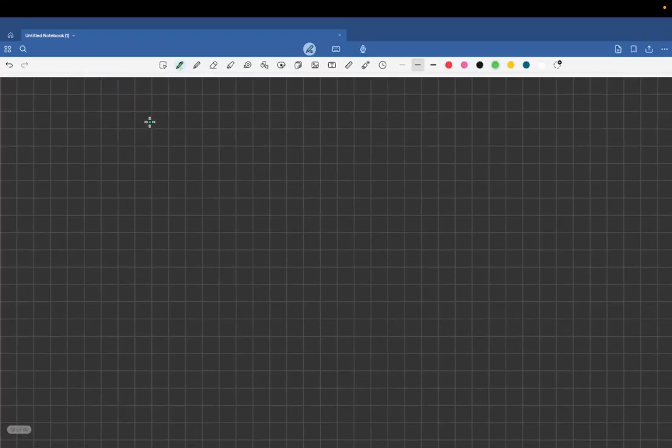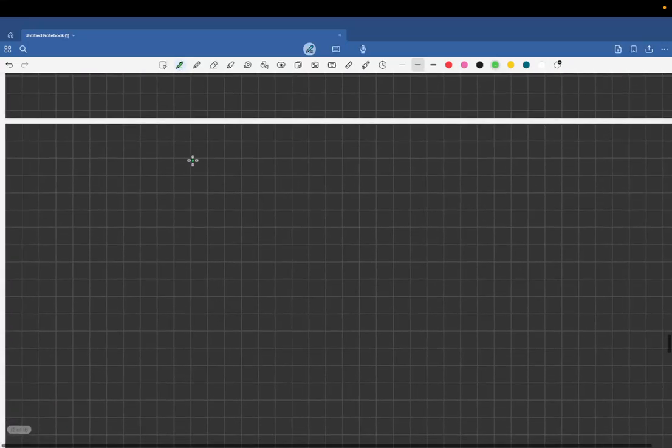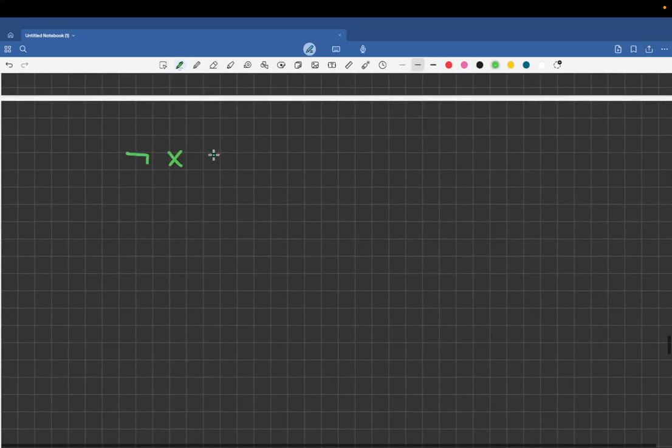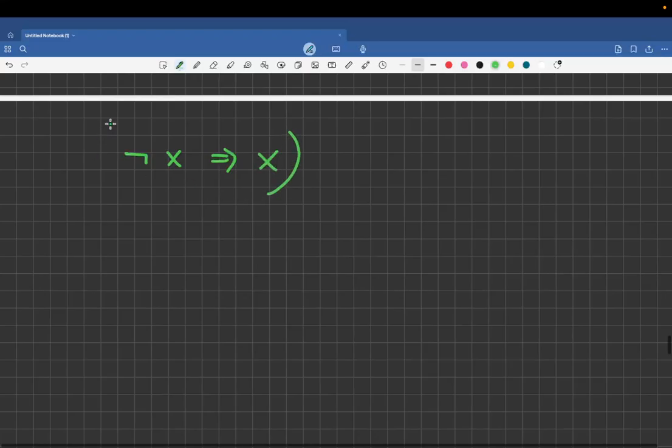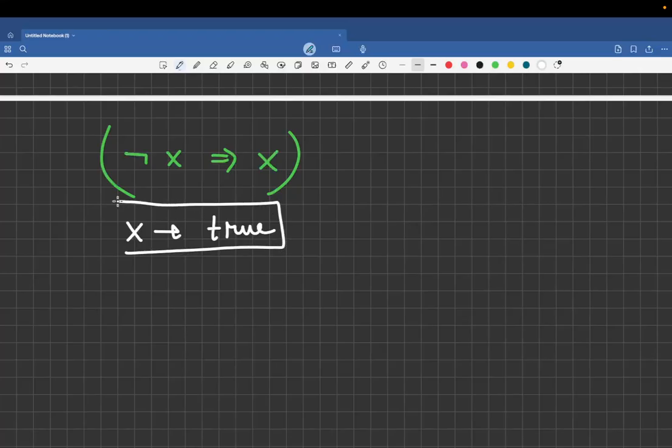Let me take this case, not x implies x. If not x implies x, this case exists. And if I am marking x as true, I'm definitely sure that now this thing, not x implies x, is not an issue for me, right?